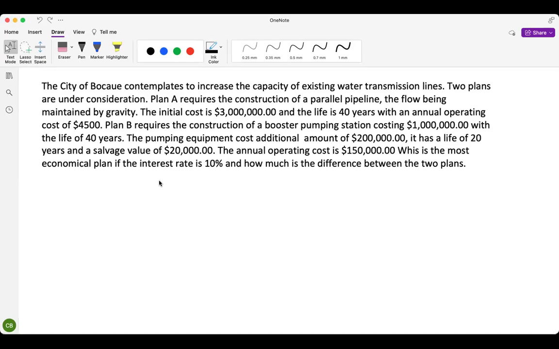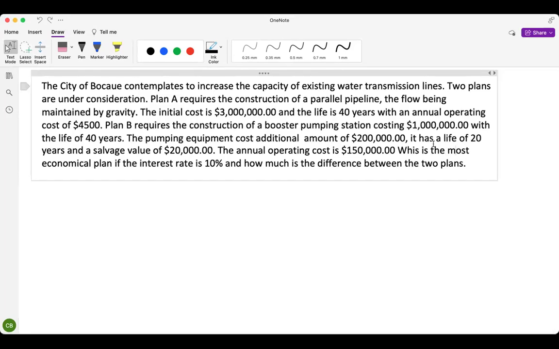Plan B requires the construction of a booster pumping station costing $1 million, with a life of 40 years also. The pumping equipment costs an additional $200,000, has a life of 20 years and a salvage value of $20,000. The annual operating cost is $150,000. Which is the most economic plan if the interest rate is 10%, and how much is the difference between the two plans?